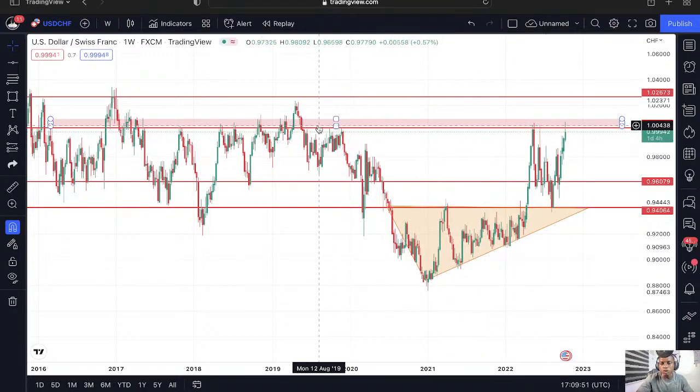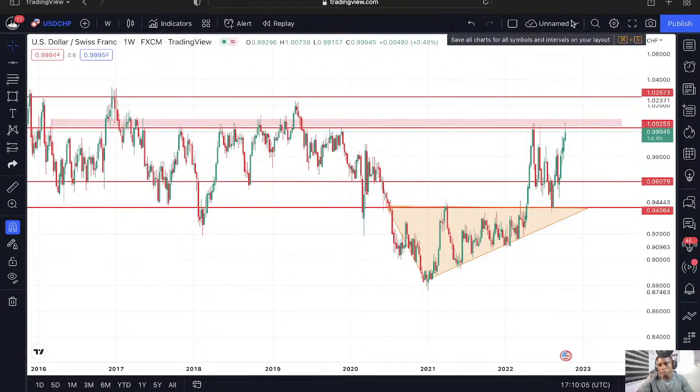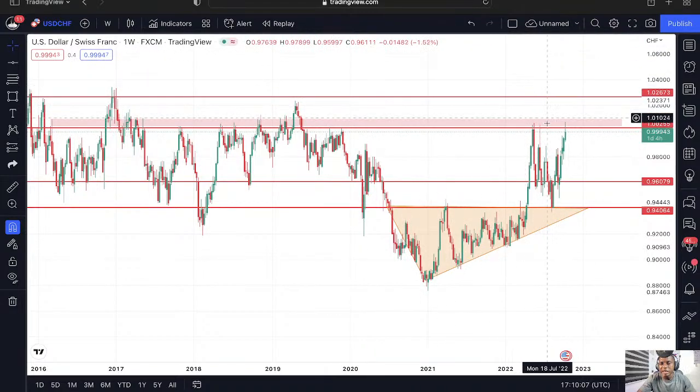There are so many sell orders here pushing price downward, and that is why price has been finding it difficult to finally break out from this region. And here we see what's currently happening to price.